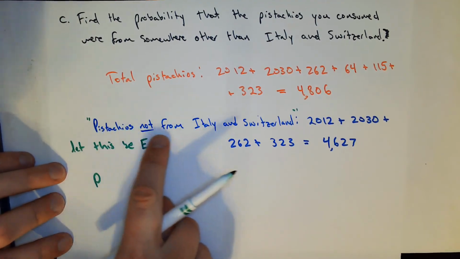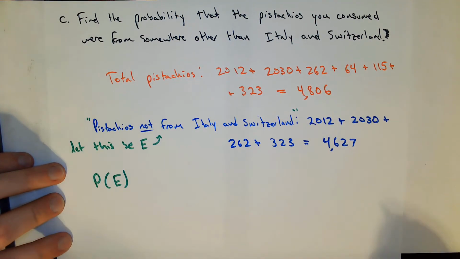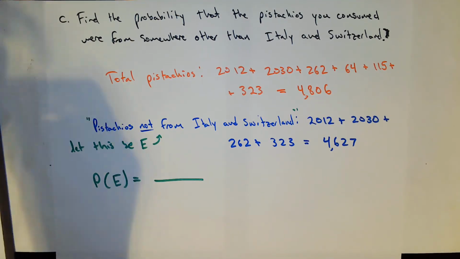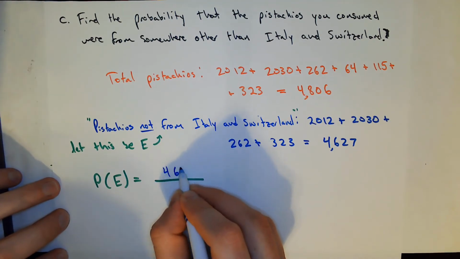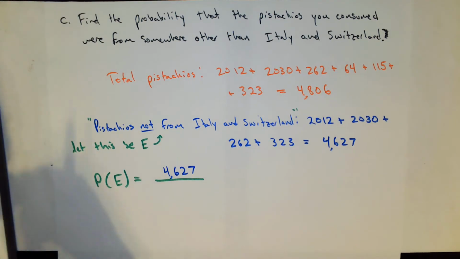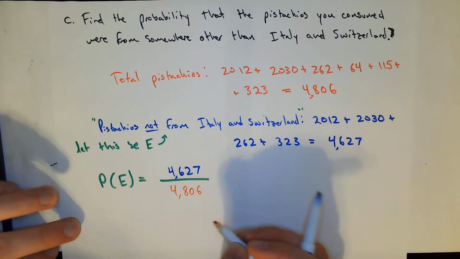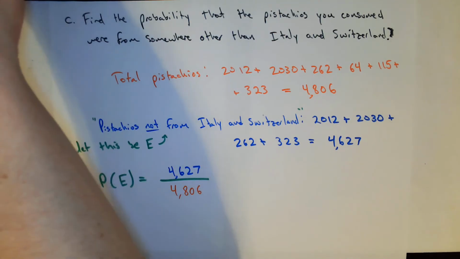I'm just naming the literal phrase E so that I don't have to write it in my parentheses. Okay, so that's going to be like this, and it's going to be that number of ways to get pistachios not from Italy and Switzerland over total. So these are pretty close to each other, so we expect this to be a pretty high probability.